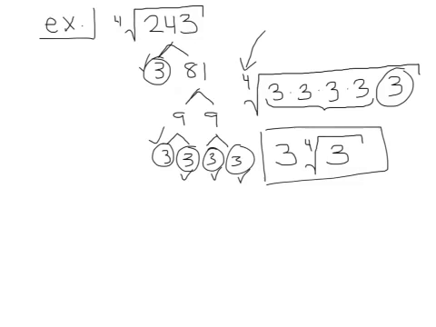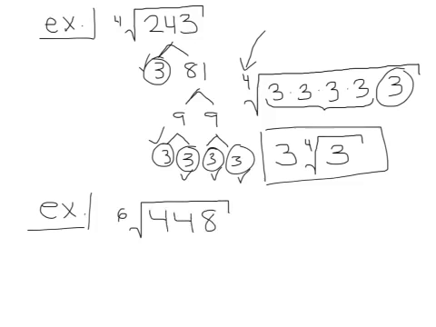All right, next example, last example for numbers, we have the 6th root. The index is 6 for 448. We are finding the 6th root of 448. Again, let's quickly break this down. We have 4 times 112.